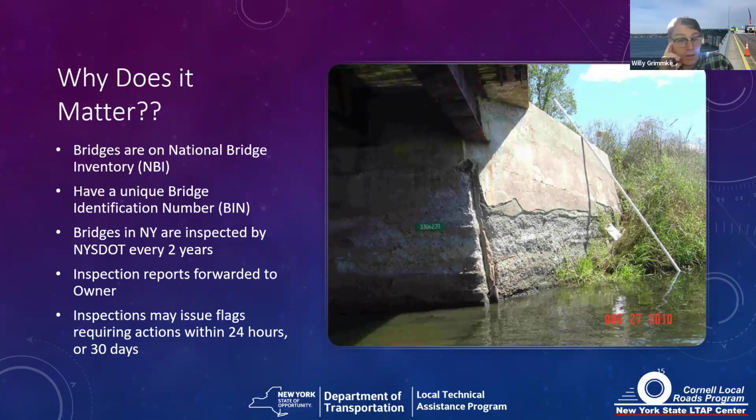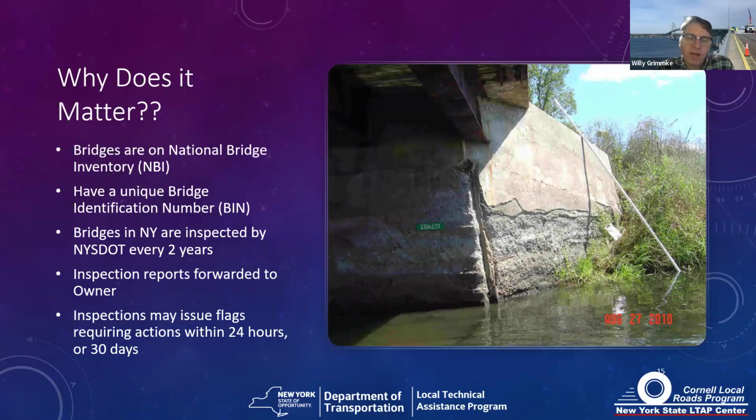And here in New York, if there are problematic findings, they may result in a flag issuance. It could be a safety flag, meaning there's a safety issue that needs to be addressed.